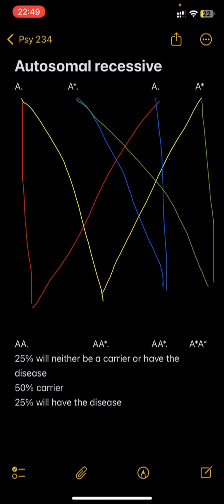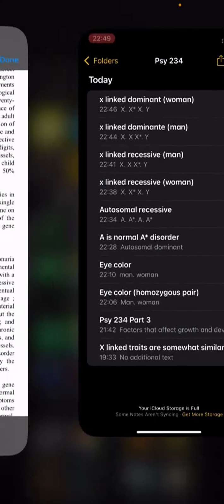For the purpose of this lecture, as I've said before, an asterisk means the disease and no asterisk means you are good. So 25% will neither be a carrier nor have the disease. That means one of the children out of 4 will neither be a carrier nor have the disease.